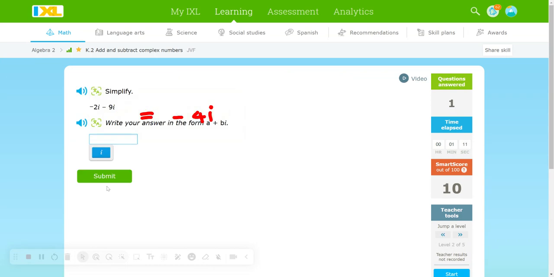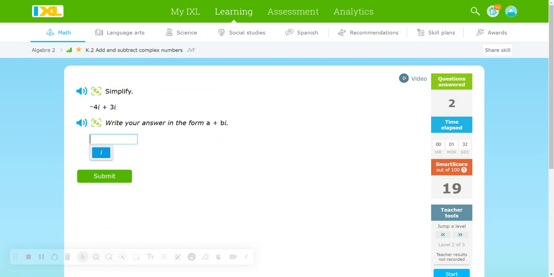Voila, done. Subtract 2i, subtract 9i, is that subtract 11i? That's it. Very simple. K2, very simple. Subtract 11i. Done.